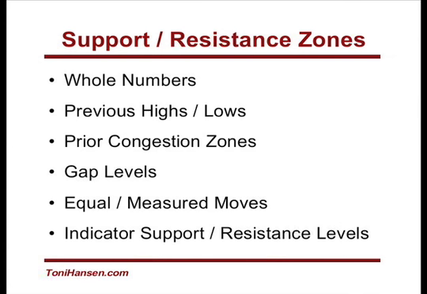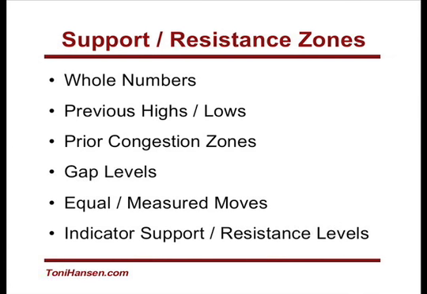So if you have something such as a previous high that also goes along with, say, a 20-period moving average, I know a lot of you are using moving averages or Fibonacci levels as well for trading FX. If you have a number of these things coming together in the same zone, then that's going to be a stronger support or resistance level than just seeing one of these things hitting.